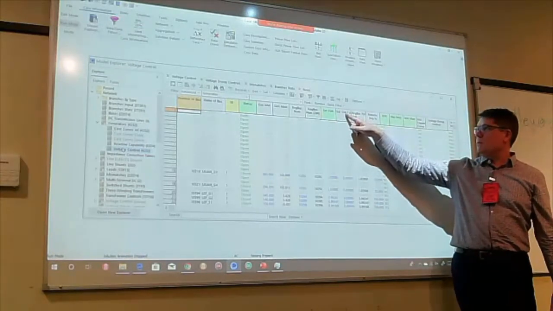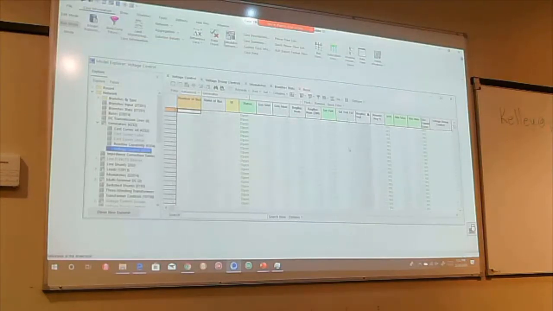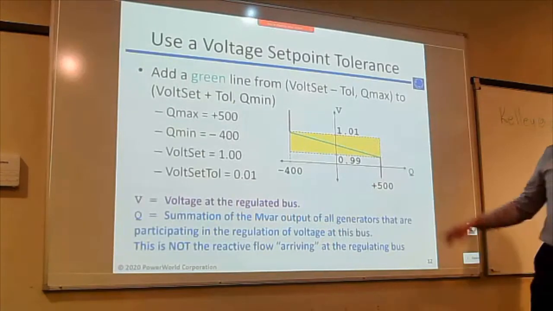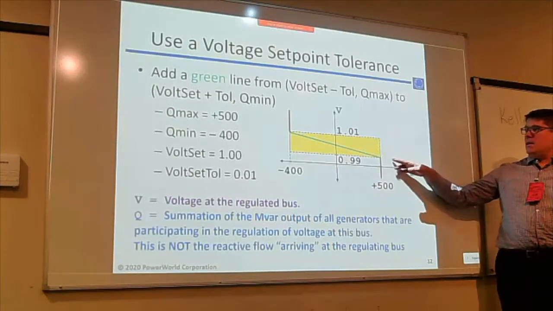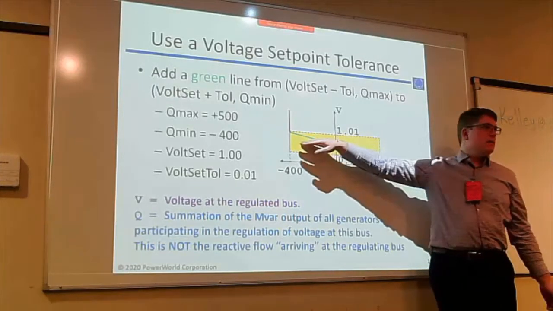When I come into generators, there's actually another new default case info display here under generators that has all the common columns for voltage control. It basically got added while I was adding this code because I needed to be looking at this all the time. But there's a set point, which you've always had, and then there's a set volt tolerance.